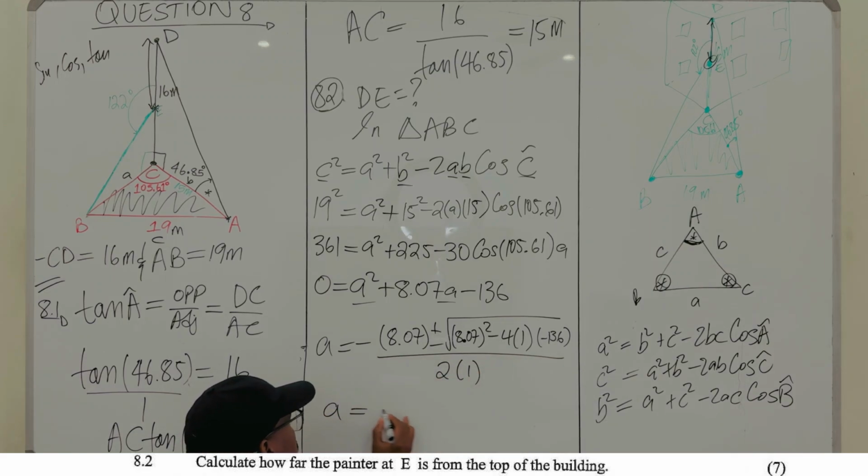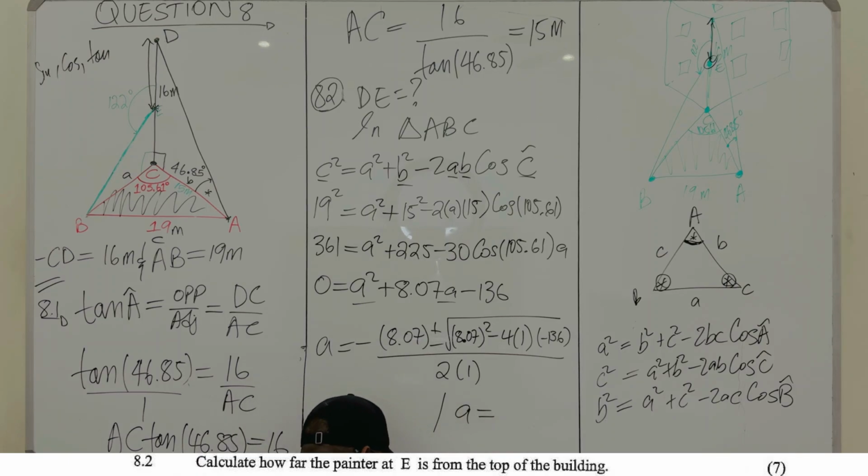Your a is equal to negative 8.07 plus the square root of 8.07 all squared minus 4 into 1 into minus 136, over 2.